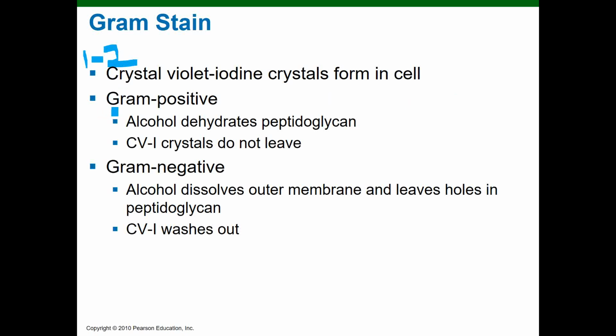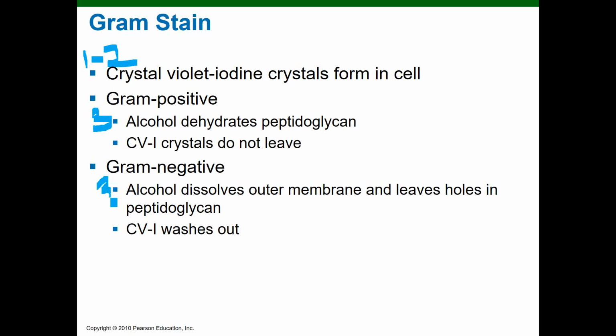For gram-positive cells, when I add the alcohol, so this is step 3, alcohol is going to dehydrate that really thick outer layer of peptidoglycan and trap the crystal violet iodine crystals so that they aren't able to leave the cell wall.